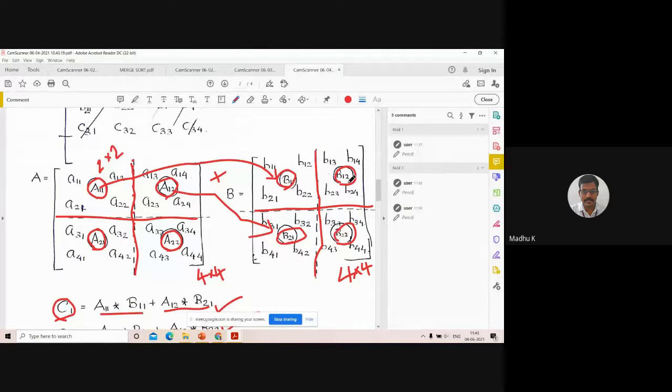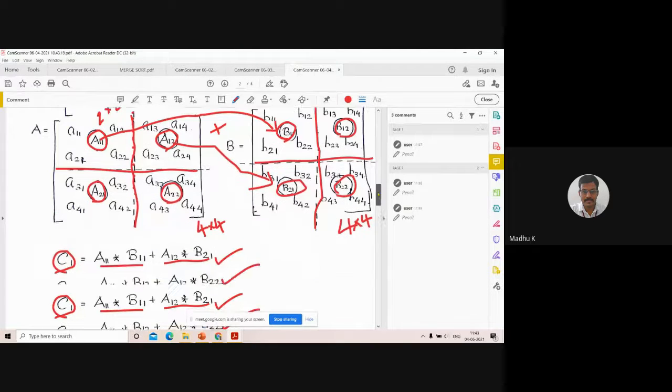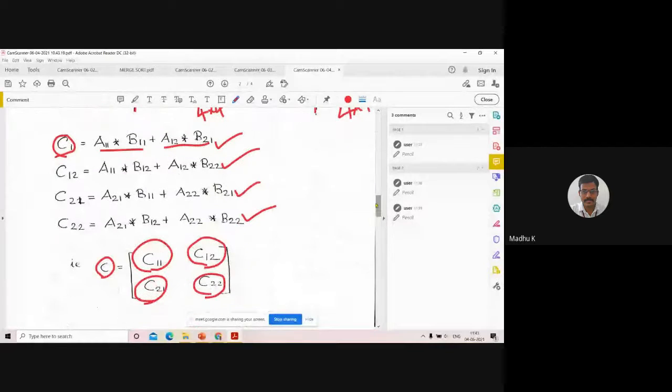Then apply the matrix multiplication concept. Then we need to calculate only these values: C11, C12, C21, C22. You can obtain these values using this.